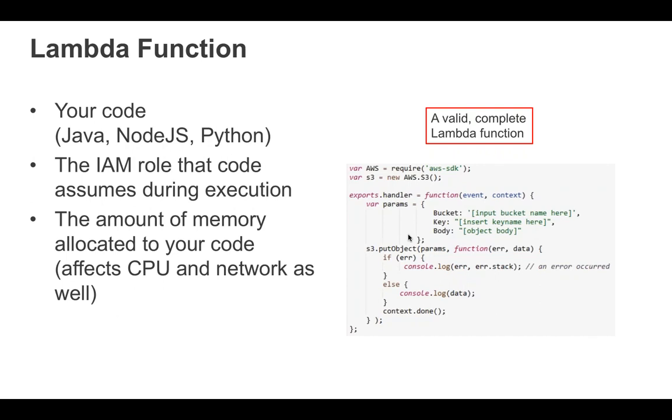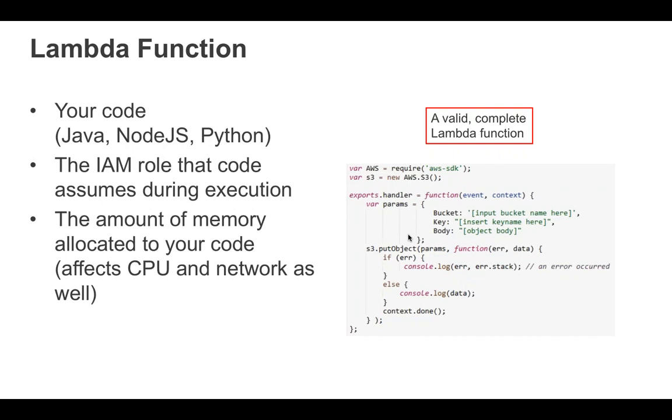And we assign the amount of memory allocated to your code, which starts at 128 megabytes and goes up to 1.5 gig. Of course, the larger the amount of RAM allocated, the more it costs for that function to be invoked. So we want to have it as lean and cost optimized as possible for each invocation, so you're not wasting valuable money.